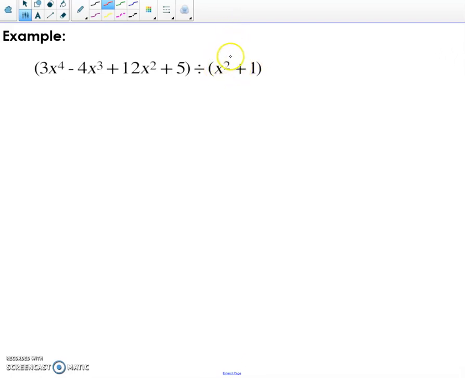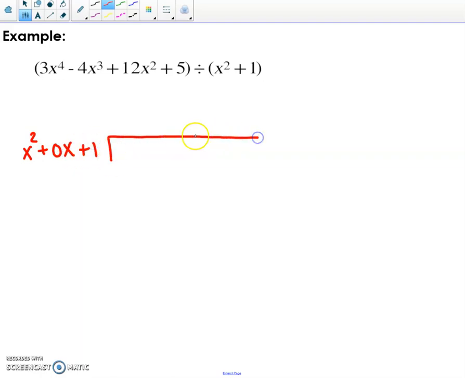If we have x squared, what comes after x squared would be x, and then after x is a constant. So we're missing the x term. We have to put in a 0 as a placeholder anytime that a term is missing. So on the outside, instead of x squared plus 1, we're going to put x squared plus 0x plus 1.